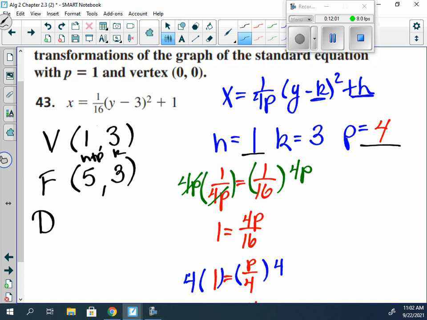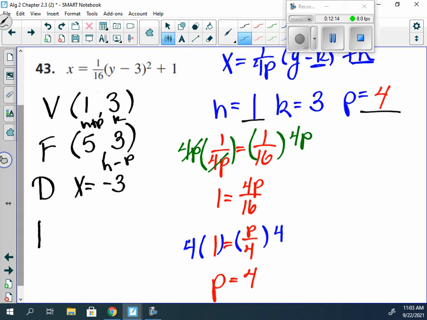The directrix is going to be x equals h minus p. 1 minus 4 would be -3. And the axis of symmetry is going to be y equals 3.